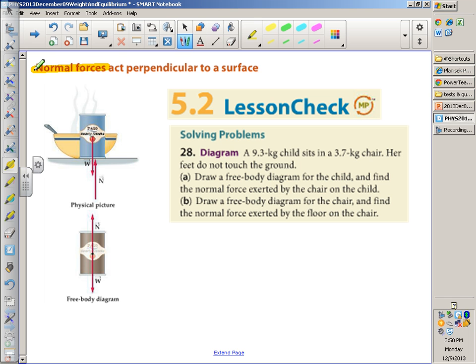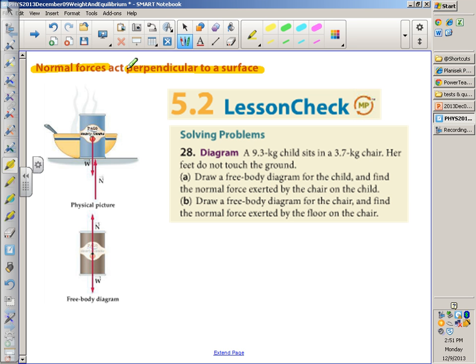The normal force is always perpendicular to a surface. In this case, the table provides the normal force. In your case, your chair provides a normal force. If your chair wasn't pushing up on you, what would happen to you? You'd fall downward under the influence of gravity.